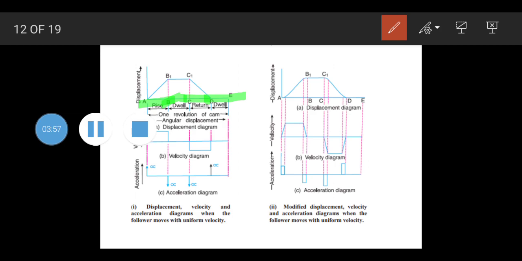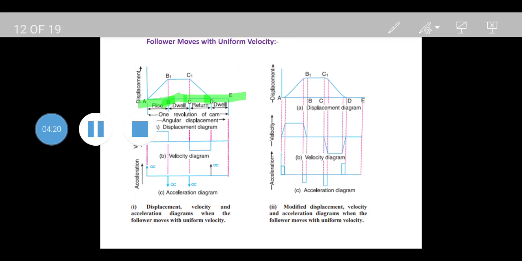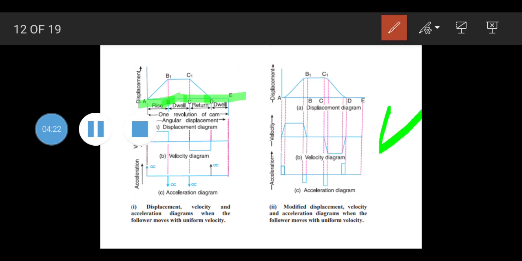When we divide this part, we can see the number of divisions from the figure. Now here we will represent the rise of the outstroke, dwell and return stroke in this displacement diagram. Regarding uniform velocity, this is the diagram corresponding to uniform velocity.